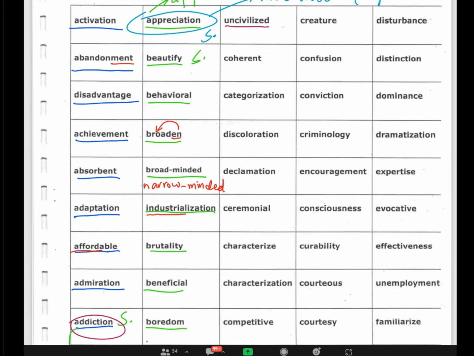Why are some countries uncivilized? Because of narrow-minded people, maybe in the government, living in remote places, so the government cannot arrange services and facilities, cannot provide them with necessary facilities, no infrastructure because of war, because of poverty.